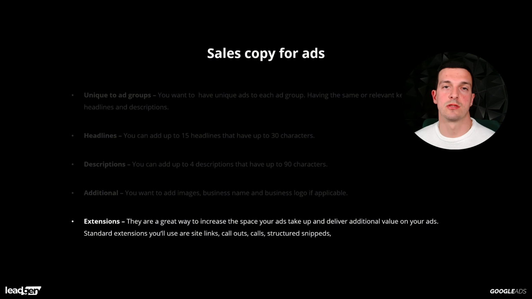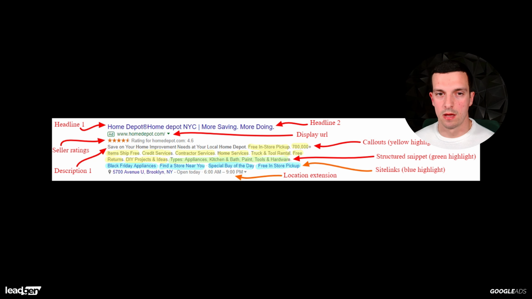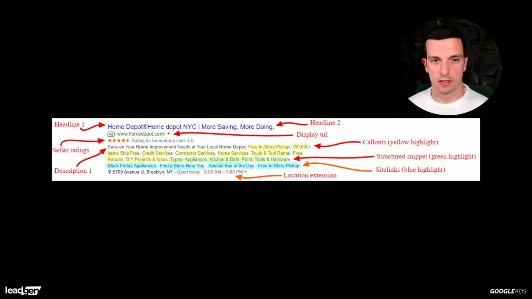The goal with this is to increase the real estate of the ad, right? So it's bigger when someone searches, and you really get the click from the right people and hopefully get some leads.